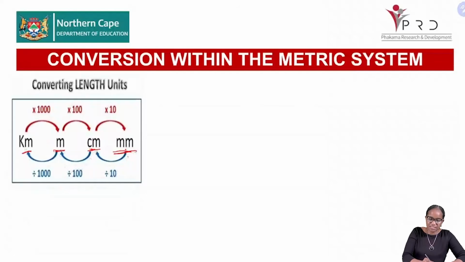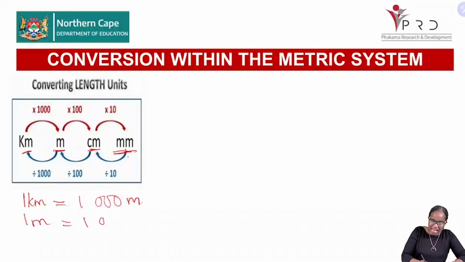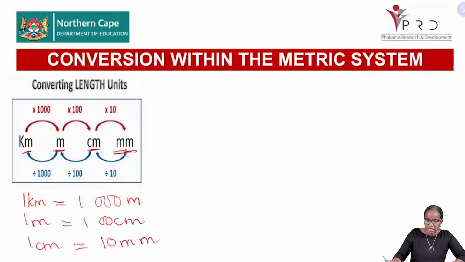From meters to kilometers, you divide by 1,000. Simply put, 1 kilometer equals 1,000 meters, 1 meter equals 100 centimeters, and 1 centimeter equals 10 millimeters. So when you are moving from a smaller unit to a bigger unit, you divide.